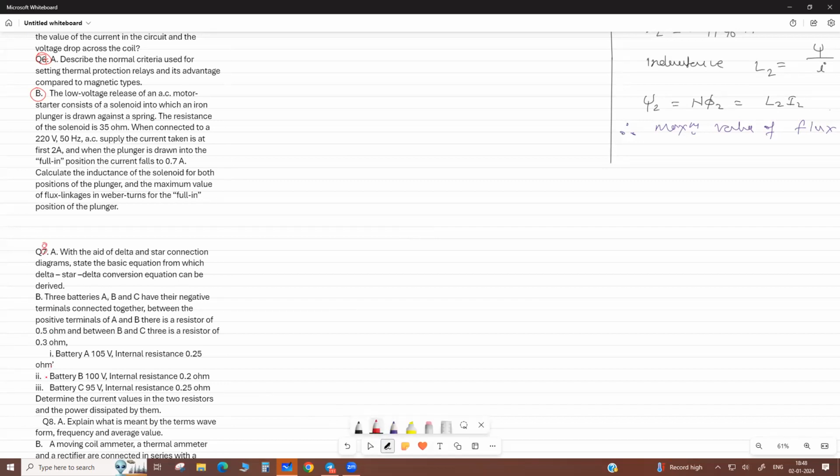Yeah, 8, and this is 9. This question, here you write 3-phase polyphase, it is polyphase connection, star delta connection.